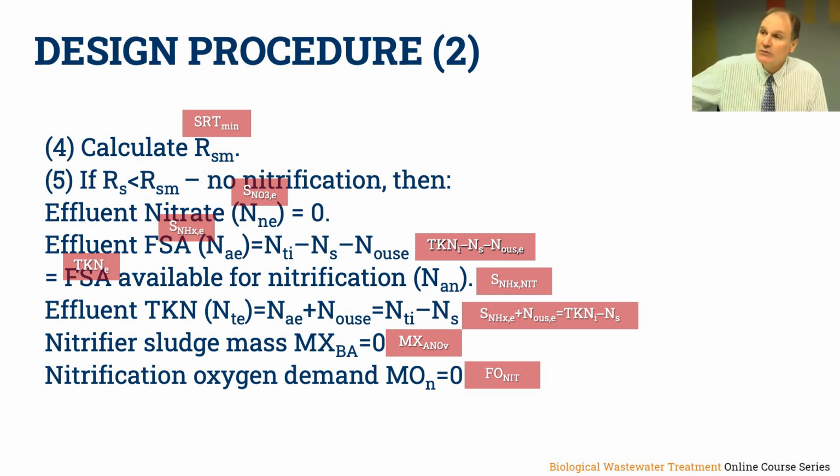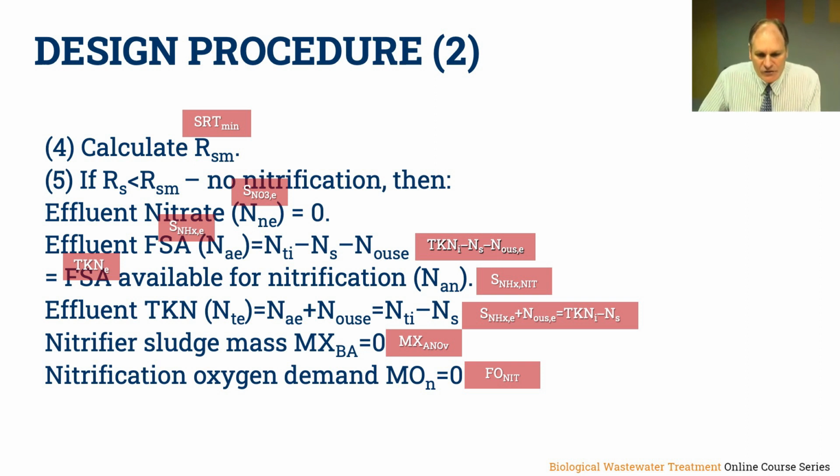And it is equal to the effluent ammonia concentration when nitrification does not take place. And by virtue of the structure of this equation, it is possible to have a higher effluent ammonia concentration than the measured influent concentration because of the production of ammonia from the biodegradable organic nitrogen.